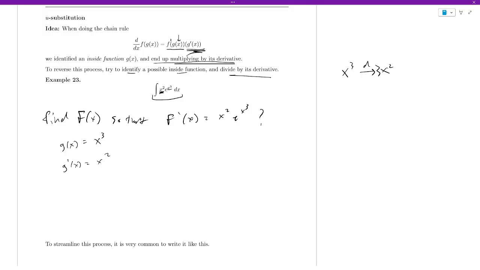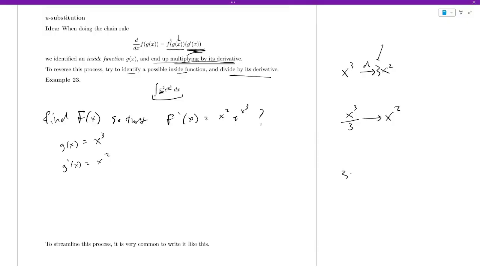Now this is not quite right because of the 3 here. So to think about that a little bit carefully, if x cubed goes to 3x squared, how could I end up at x squared exactly, right? Well, we know that if I'm multiplying by a constant, I can do that before or after the derivative. So I could divide by this constant ahead of time. Then you can just check.